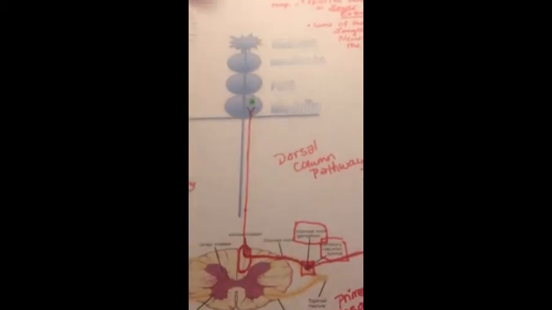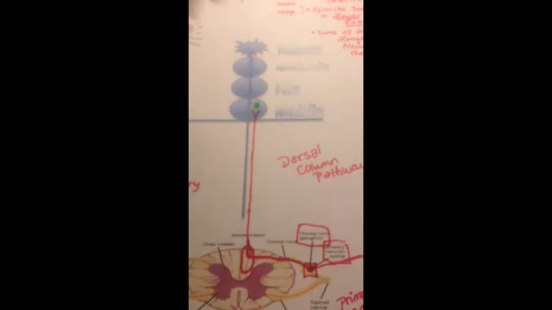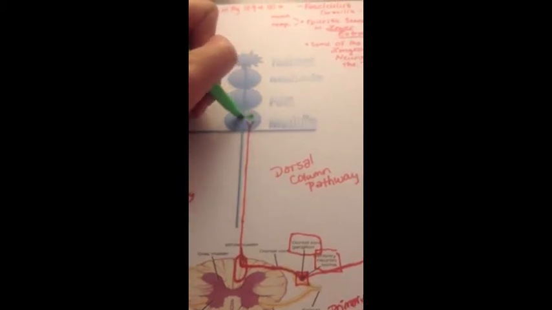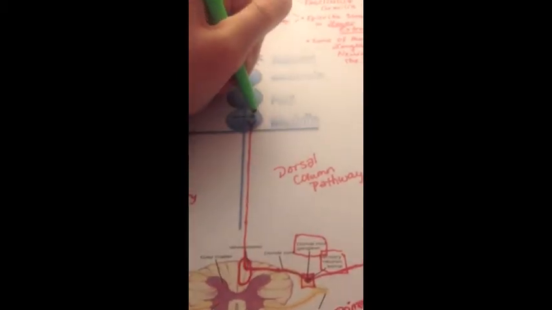and axons from the second order neurons are going to cross the midline as internal arcuate fibers. I'm going to write that over here.